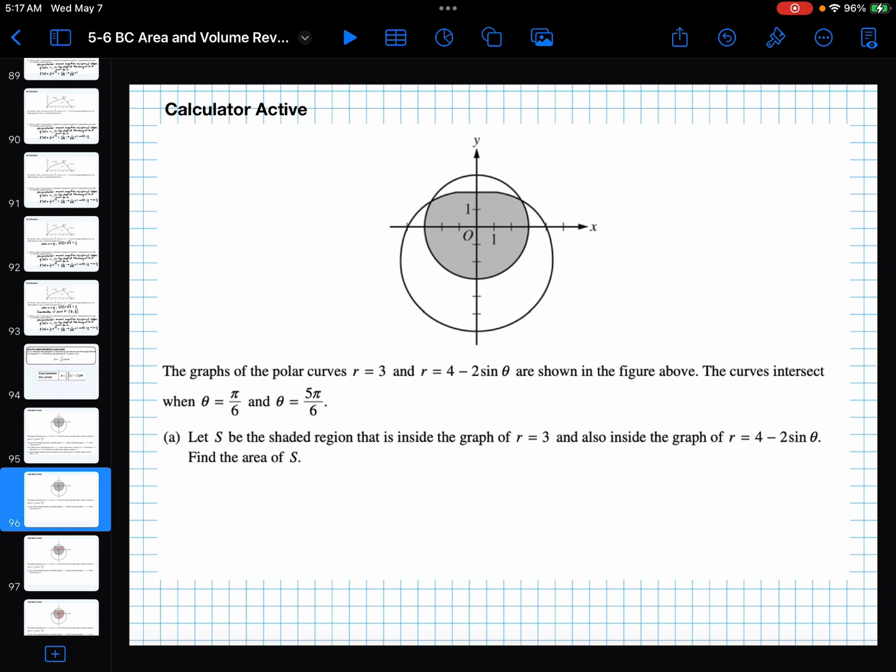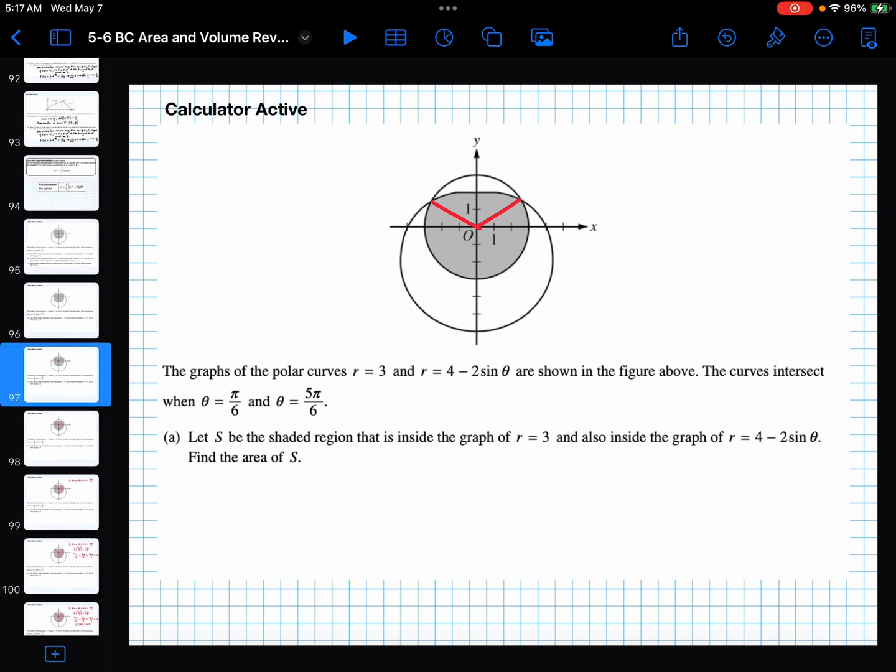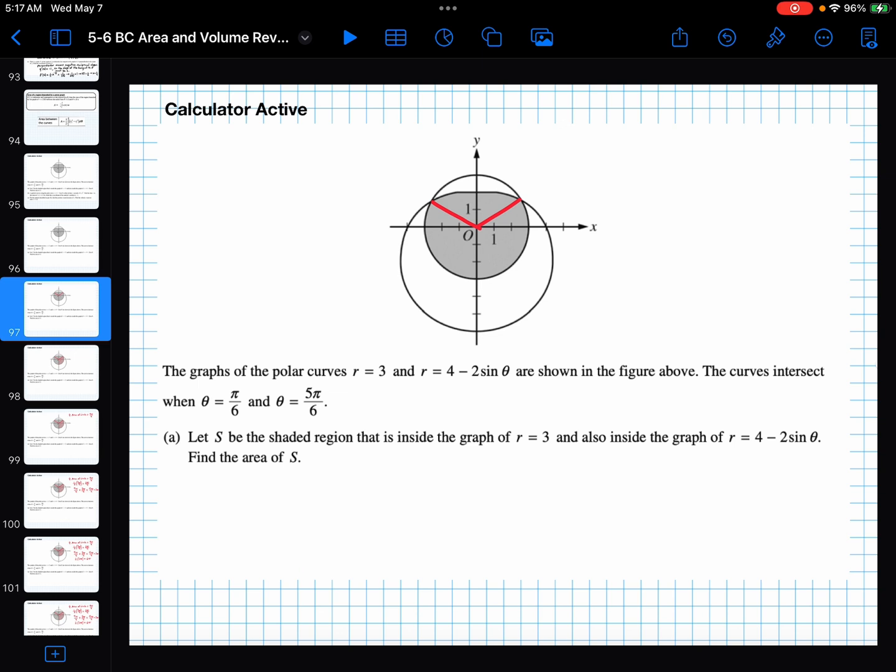Well, they do give us the intersection points here. They are in the first quadrant, theta equals pi over 6, and in the second quadrant, theta equals 5 pi over 6. So because the circle is such a known geometric quantity here, we can use some geometry to at least find part of this. We can look at this region over here.